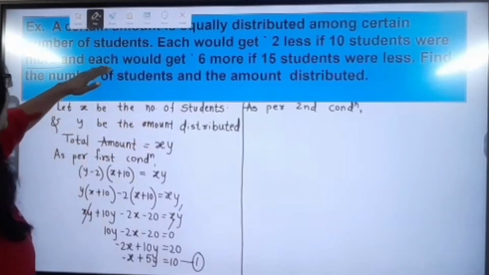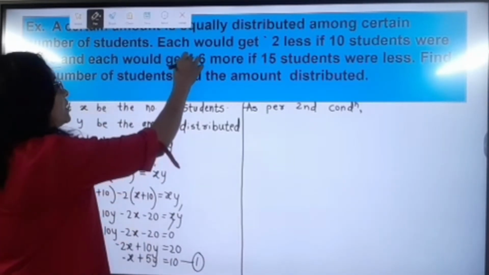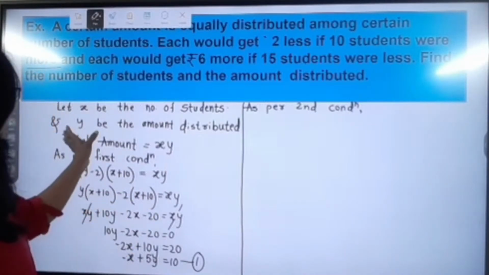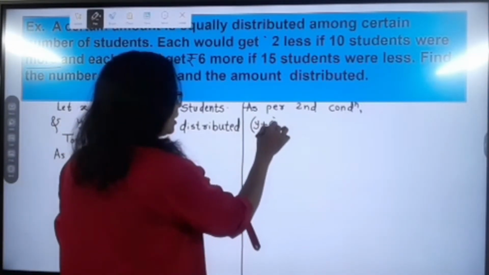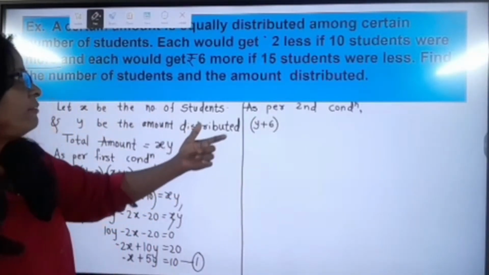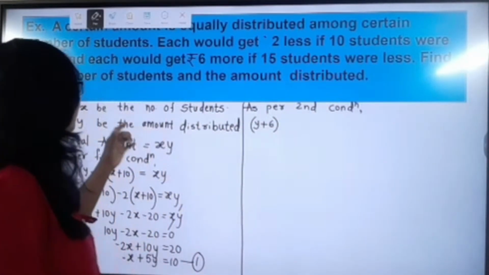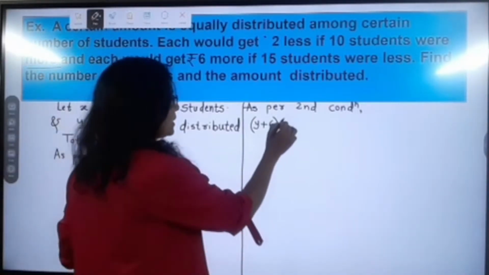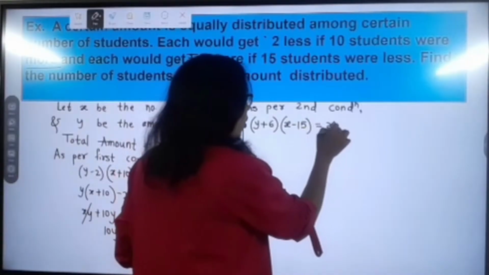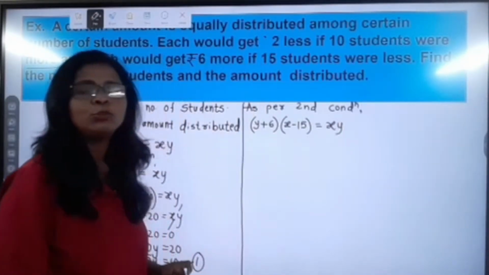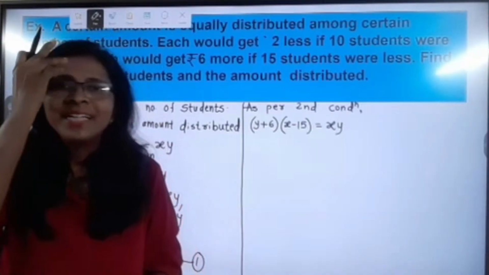Each would get rupees 6 more, that means y plus 6, and if 15 students were less, that means x minus 15, and always that is equal to the total amount, that is xy.